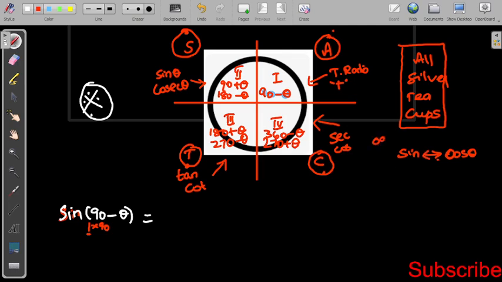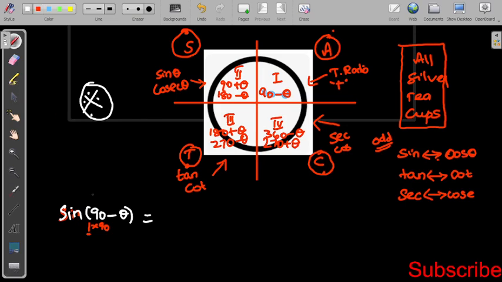This is only for odd, that is 1 into 90, 3 into 90, 5 into 90. And remember, tan you have to replace as cot, and cot as tan. Sec is replaced by cosec, and cosec you have to replace as secant. Okay, remember this one, very easy: sine to cos, tan to cot, sec to cosec. Remember this is only for the odd number, right?